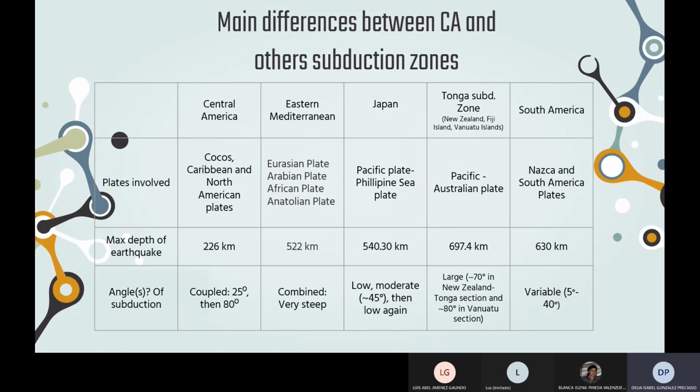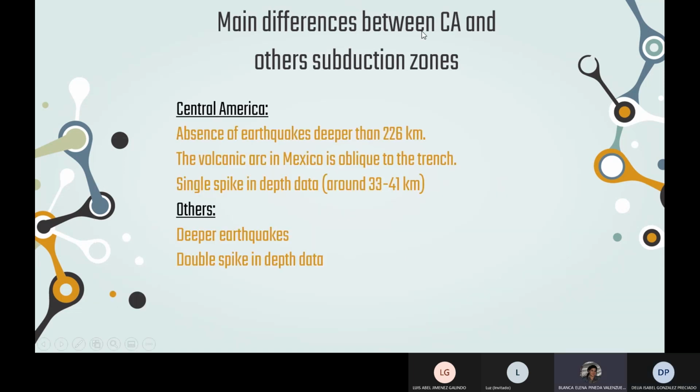And in the other subduction zones, we have from very shallow, like the Eastern Mediterranean, and even very large angles, for example the Tonga subduction zone with around 70 and 80 degrees. And for example, in South America and in the Japan subduction zone, we have from low to moderate, and it's very variable.